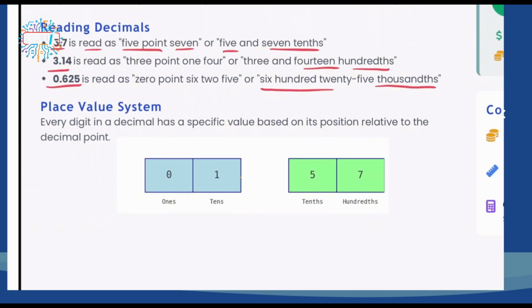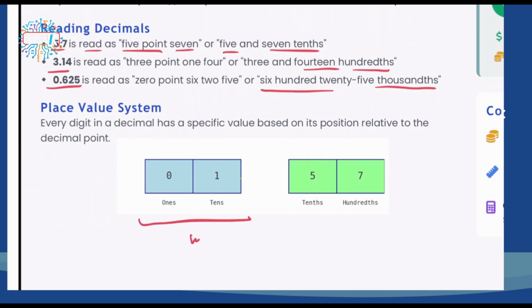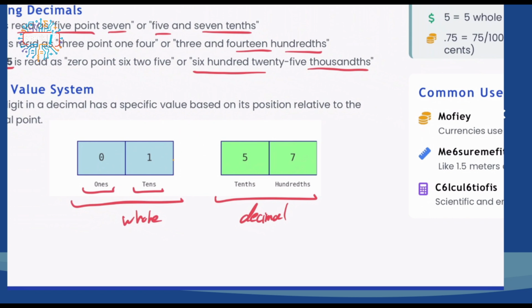It means that the whole number, and after the decimal point, which we can call the decimal part, also have the place value system. For the whole number, it is so simple. For example, I have 1 as tens and 0 as ones, as units. On the other hand, for the decimal part, I have 5 as tenths and 7 as hundredths.